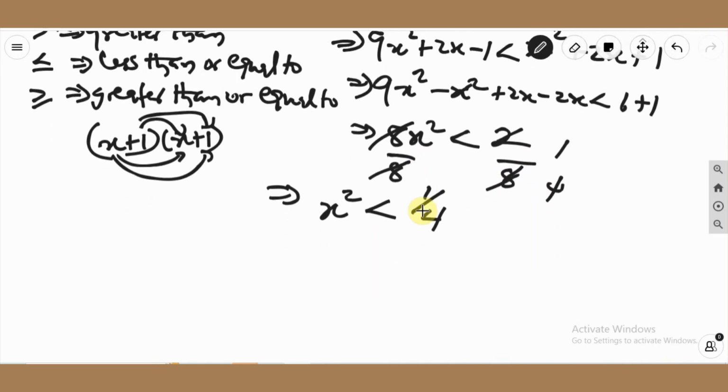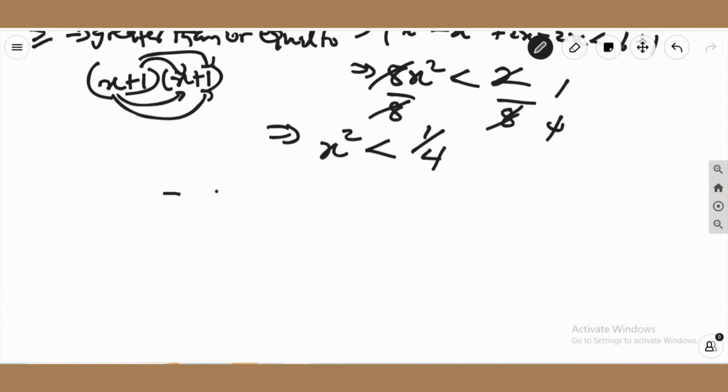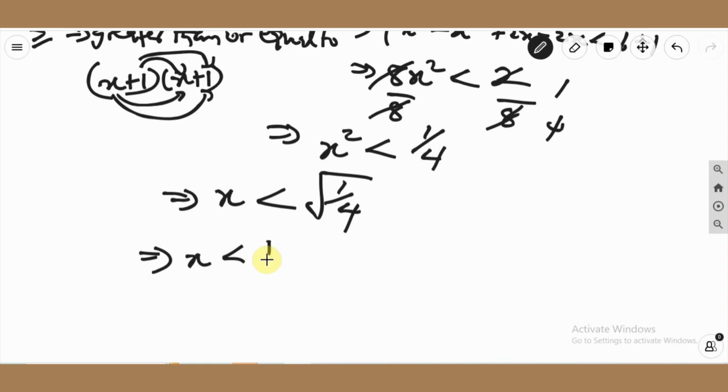So for me to get the value of x, I'll obtain the square root of 1 over 4, eliminating the square here. I'll have x less than the square root of 1 divided by 4. And remember, whenever you're looking for square roots in mathematics, it's going to be plus or minus. Square root of 1 is 1. Square root of 4 is 2.